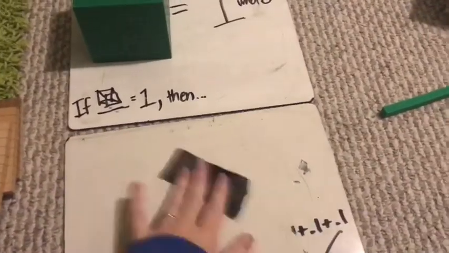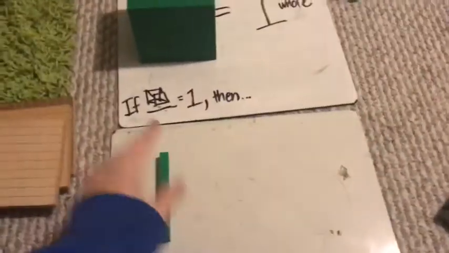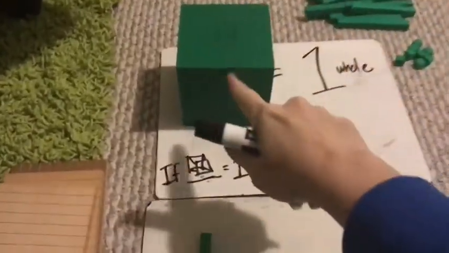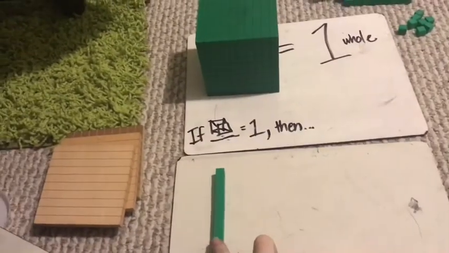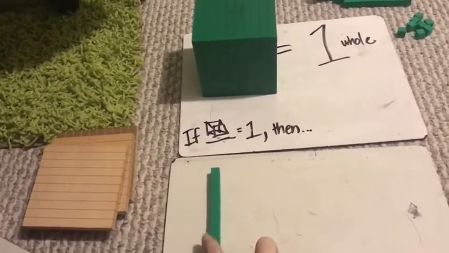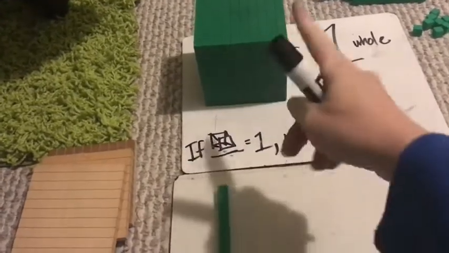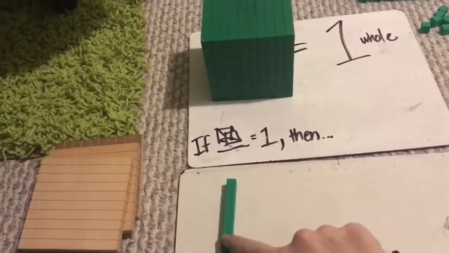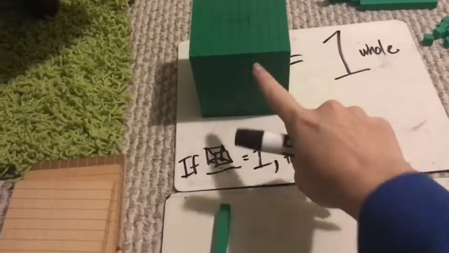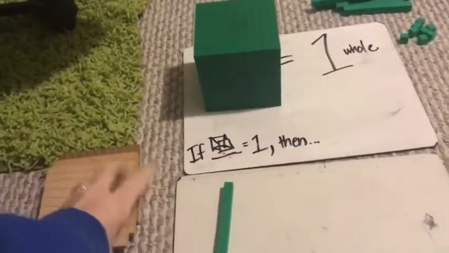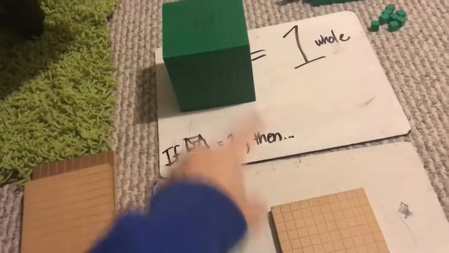Okay, now I'm going to keep that large cube being my 1 whole. I'll pull a couple more pieces with it. So let's come back to this long guy. If this is 1 whole, then what is this piece? Ooh, that's a tricky one. It's less than 1 whole, right? So I need to think about this relationship here. How many of these make this? Well, remember, I can think about this piece in chunks.